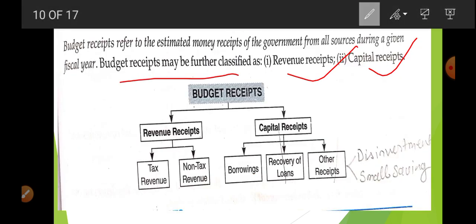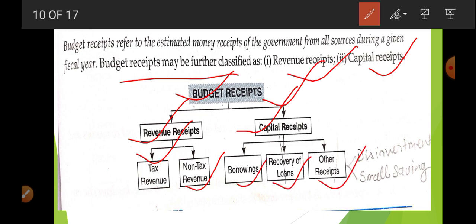So if we only talk about the budget receipt, it is of two types, revenue receipt and capital receipt. In revenue receipt there are two things, tax revenue and non-tax revenue. In capital receipt, there are borrowing, recovery of loans and other receipts. In other receipts there is disinvestment and small savings.